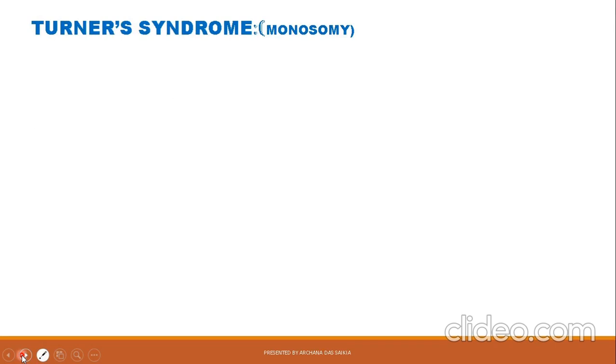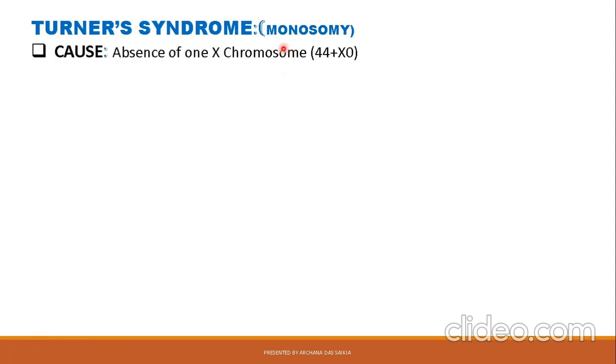Then the last syndrome, that is Turner's syndrome. This is monosomy. Here there is a loss of a chromosome, that is absence of one X chromosome. It will happen when the sperm carrying an X chromosome fuses with an egg which does not carry any sex chromosome. Non-disjunction, same thing.